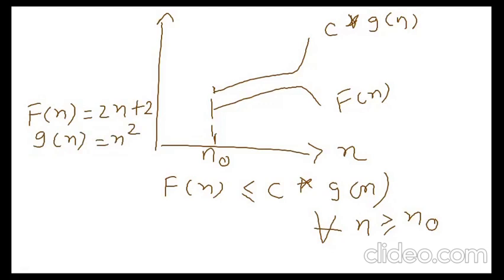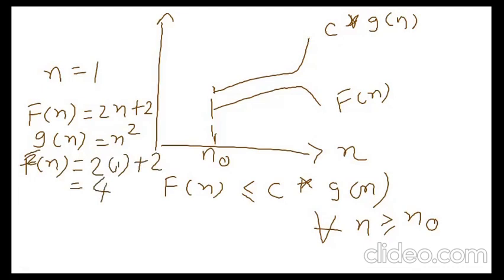So if I take n equal to 1, putting it in f of n, 2 into 1 plus 2, so 2 plus 2, 4. So f of n is equal to 4. Likewise, g of n is equal to n square, that means 1 square, what will it be? 1. Fine. So in this condition, my f of n is bigger than g of n. You can see clearly here.